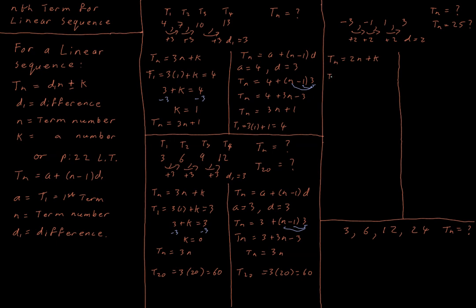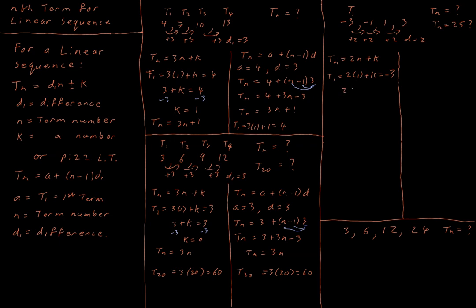Now, we know that the first term, T1, should be equal to minus 3. So we have 2 times 1 plus k. That should be equal to minus 3. So we know that this is generally what our formula should look like. And now we need to anchor what the value of the constant is that we want to add on.